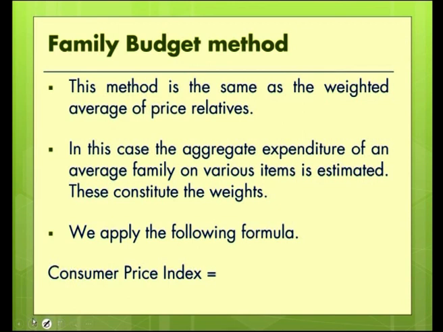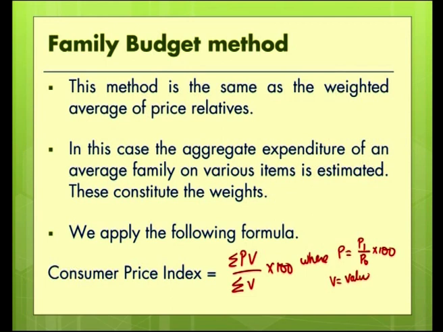Consumer price index is equal to summation PV by summation V into 100, where P is equal to P1 by P0 into 100 and V is the value weights, and it is equal to P0 Q0.